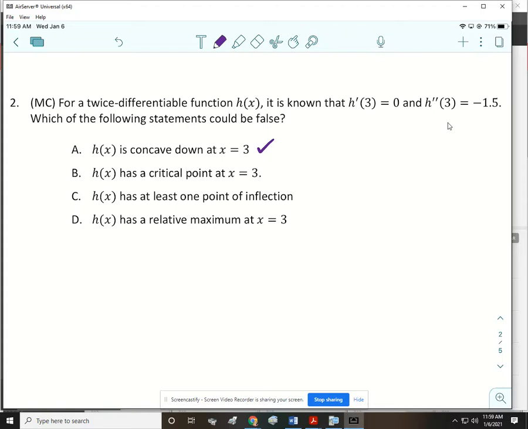The first derivative at a value being 0 means a critical point there. Not sure about point of inflection, but because 3 is a critical number and h double prime of 3 is negative, that means at that critical number we're concave down, and that does create a maximum. So C is the only one that could be false.